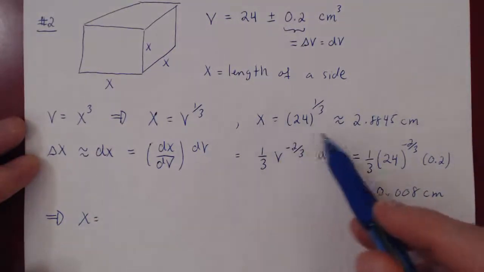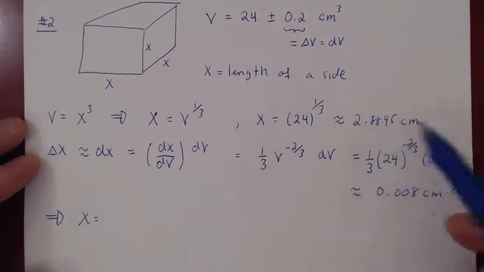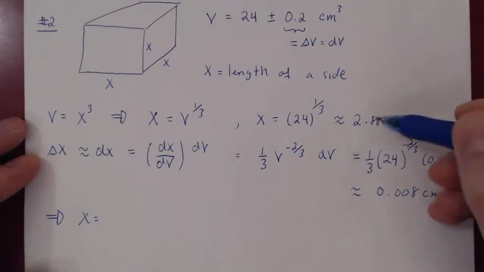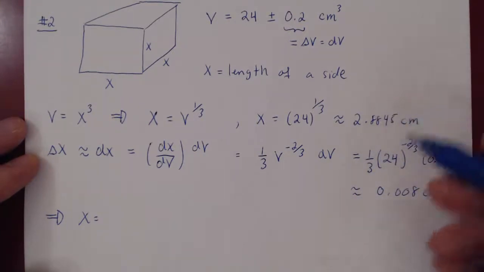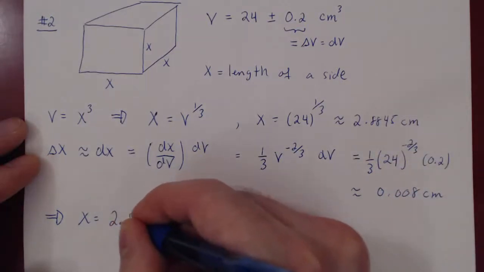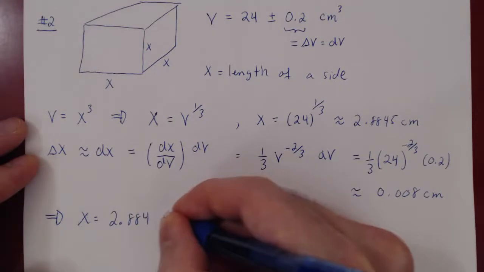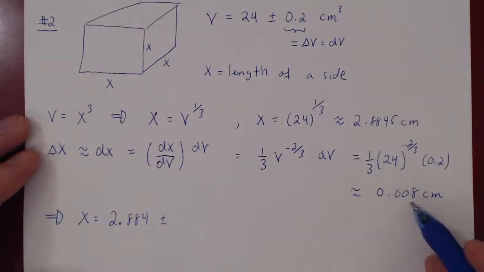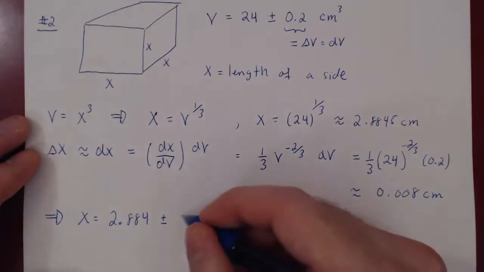So the length, x, was approximately 2.8845, so you could say 2.884. You could round up or down here, it doesn't really matter. Let's go with 2.884 plus or minus an uncertainty of roughly 0.008 centimeters.